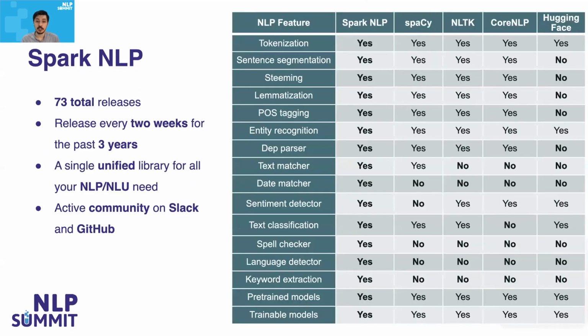So the field of NLP is one of the most dynamic and rapidly growing fields in AI and computer science. We have had 73 releases in the past 3 years, which means 1 release every 2 weeks to keep adapting to the new trends in NLP and NLU. We have an active community on Slack and GitHub, which I would like to thank.